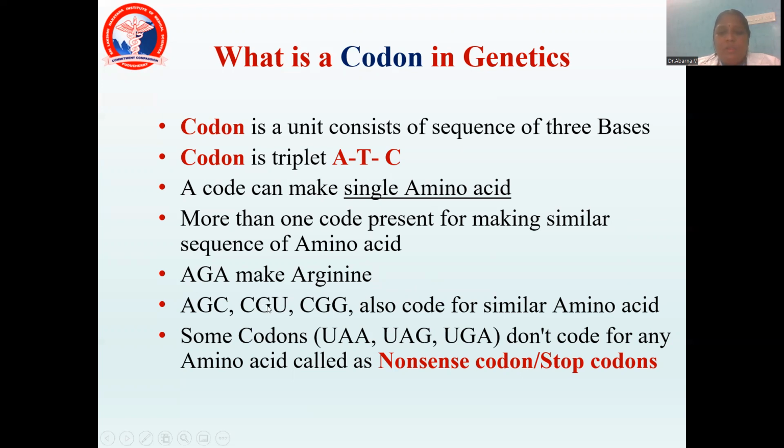Three of them are UAA, UAG, and UGA. These codons are known as nonsense codons or stop codons. Whenever you come across these codons, the synthesis of the polypeptide stops there and there will be a termination of polypeptide synthesis. Hence, they are known as stop codons or nonsense codons.